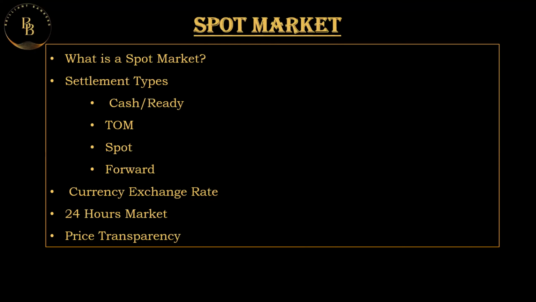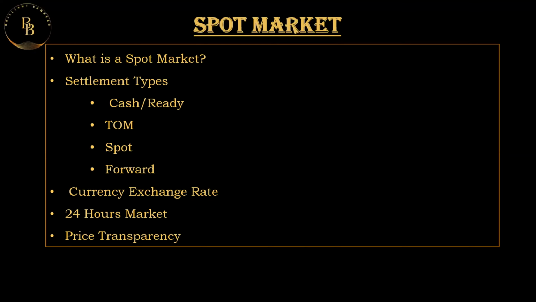transaction. So in the case of the spot, the transactions are settled on the spot, that is usually within 2 days. The participants buy or sell currencies at the prevailing exchange rate, reflecting the time and the market conditions. And the time of the market is always 24 hours.